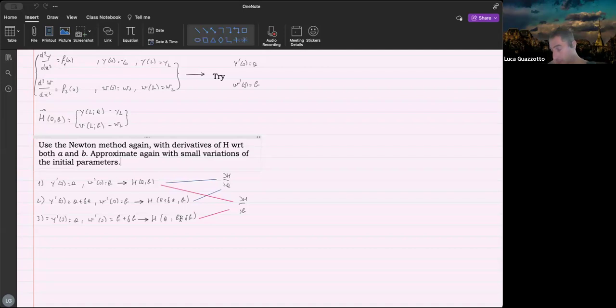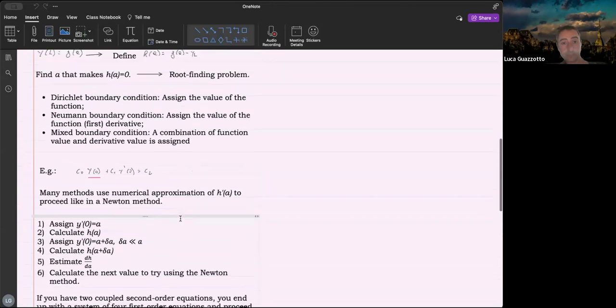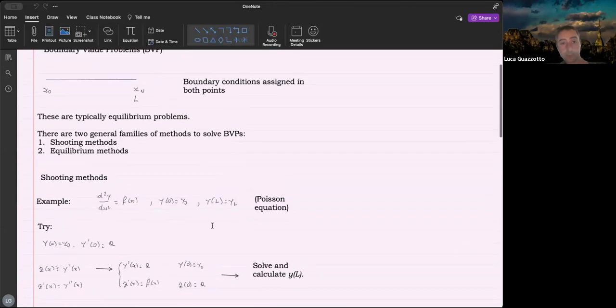Okay, I don't want to spend terribly much time on this because I would like us to also briefly look at the other option, which is equilibrium methods.